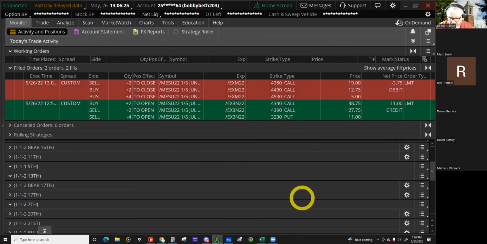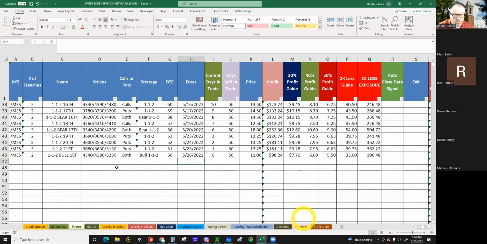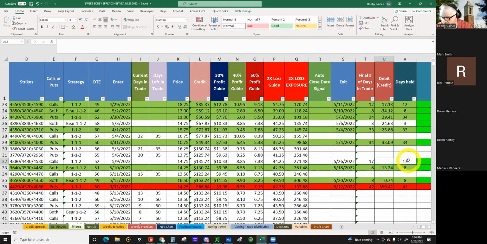Let's go put him in. That was the 112.13. Let's go find him. 112.13. There we are. So we got out of him on 526.22. And our debit was, remember, I don't have the fancy spreadsheet on this one. I'm going to calculate it manually.